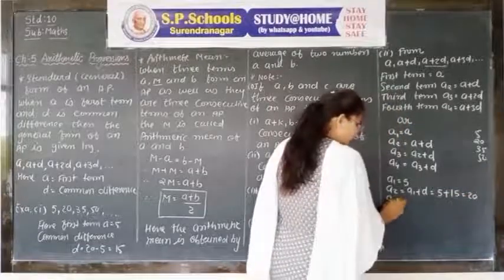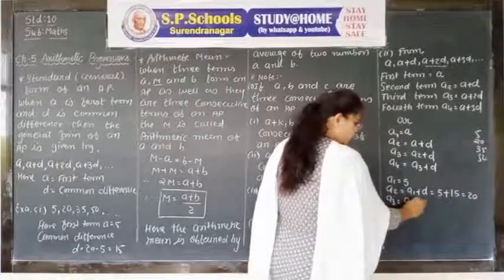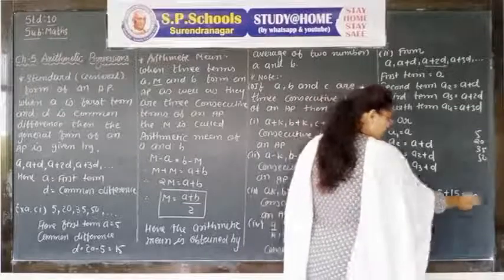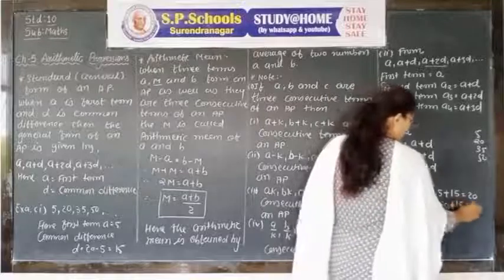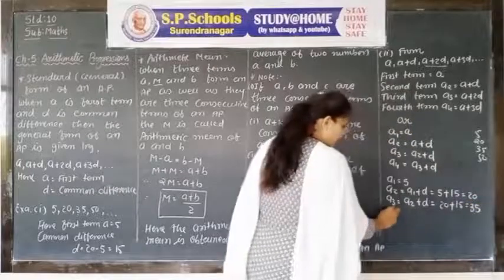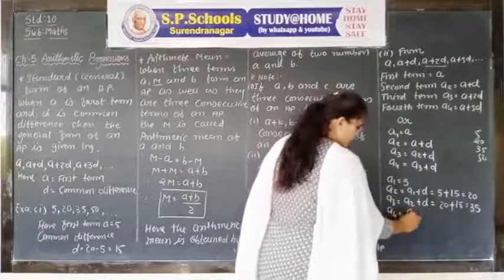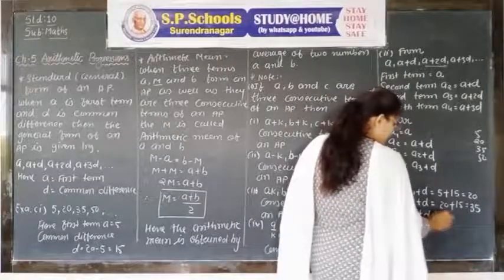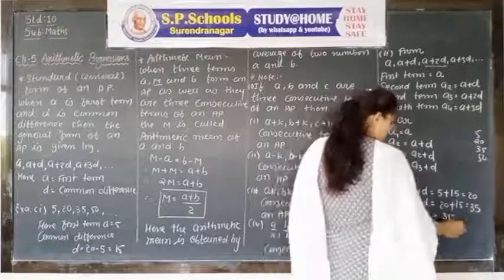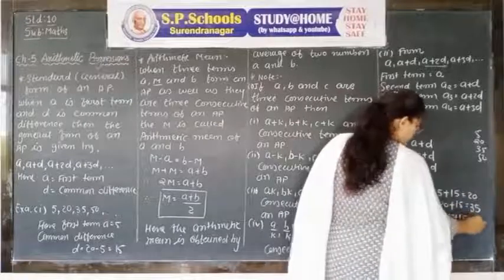The third term is obtained by A2 plus D, where A2 is 20 and D is 15, and we get 35. In the same way, the fourth term is A3 plus D, which is 35 plus 15, equal to 50.